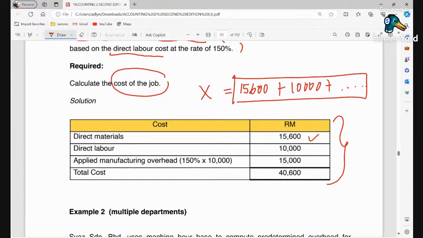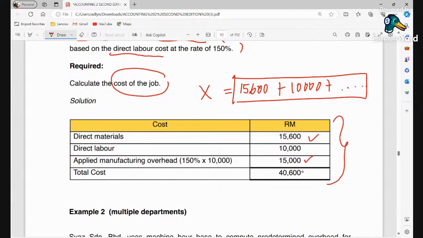So direct materials is 15,600 and then your direct labor is 10,000. To calculate the applied manufacturing overhead, you need 150% multiplied by 10,000. So you get the applied manufacturing overhead with the amount of 15,000 ringgit.